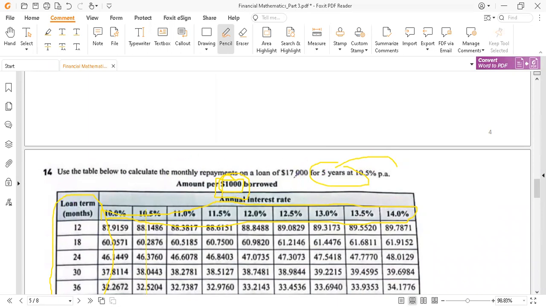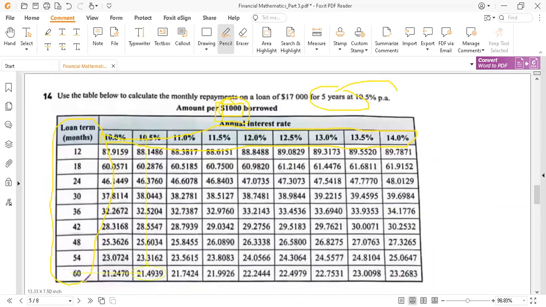So 5 years is equal to 5 times 12, so it is 60 months at 10.5% per annum. So these two pieces of information cross at this rate. The monthly repayment for $1,000 is equal to $21.49.